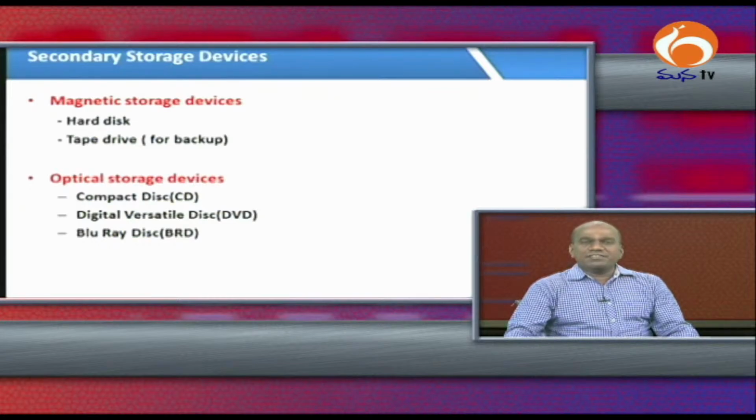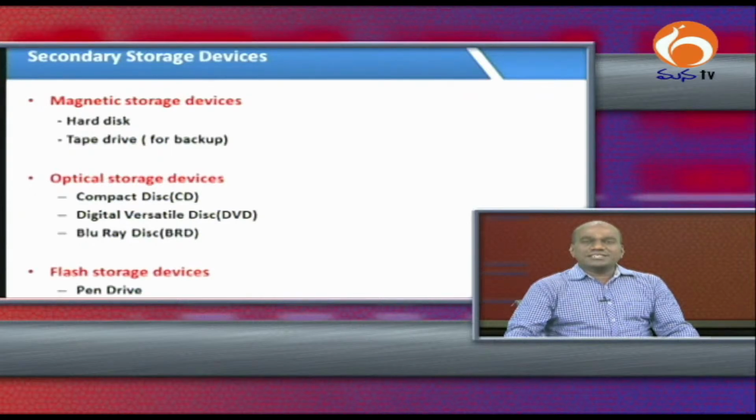The main difference between CD, DVD and BRD is data reading and writing. Data accessing and modification is very fast in BRDs and DVDs compared with CDs. And we can store a huge amount of data on BRDs or DVDs. This is the second type of secondary storage devices.